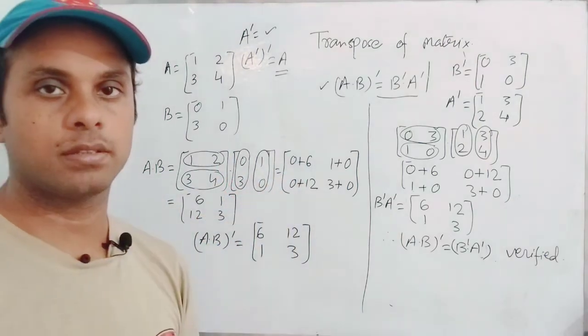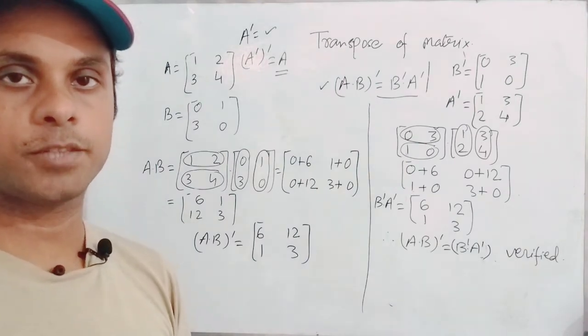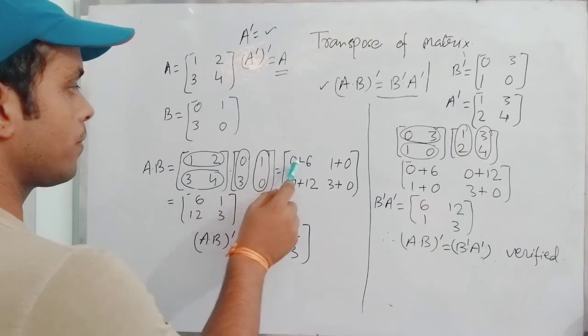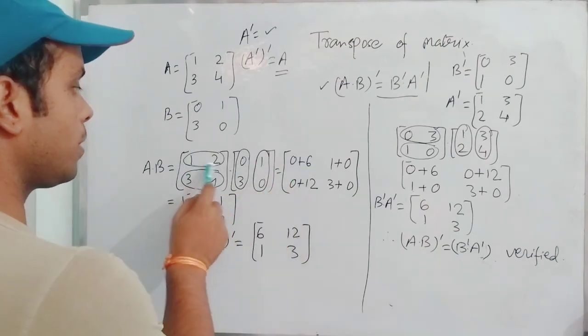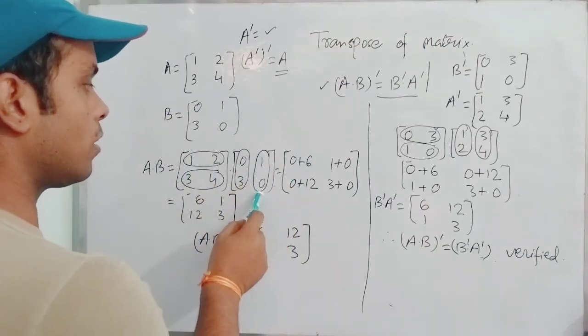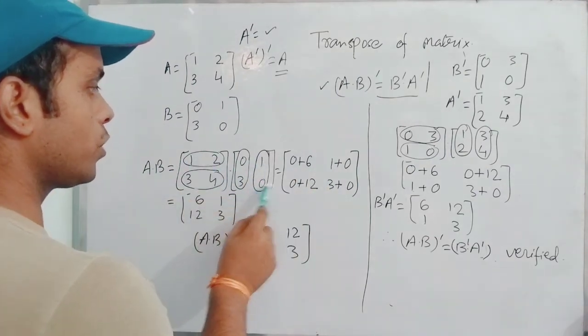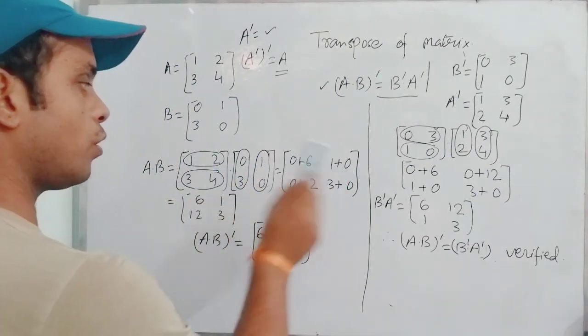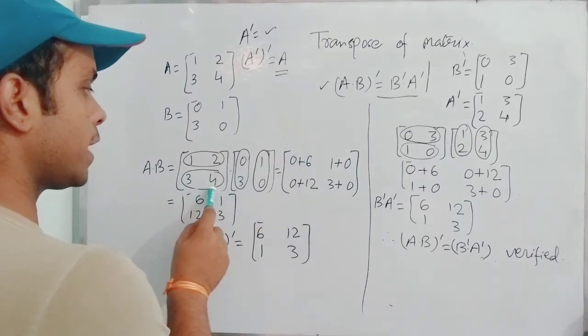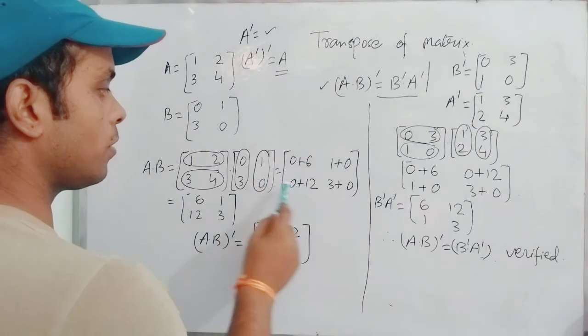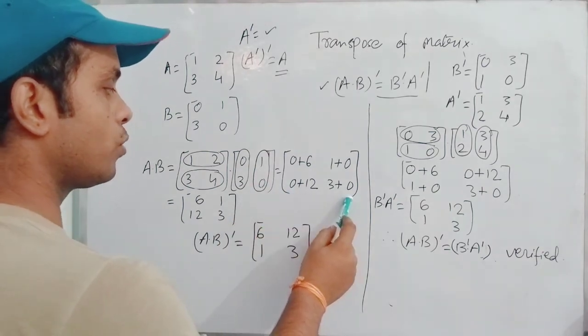In multiplication, we always multiply corresponding elements of row and column. Okay, so 0 plus 6. Now you multiply the first row with the second column. Then you obtain 1 into 1 is 1 and 2 into 0 is 0. Okay, now you multiply the second row with the first column and then with the second column.